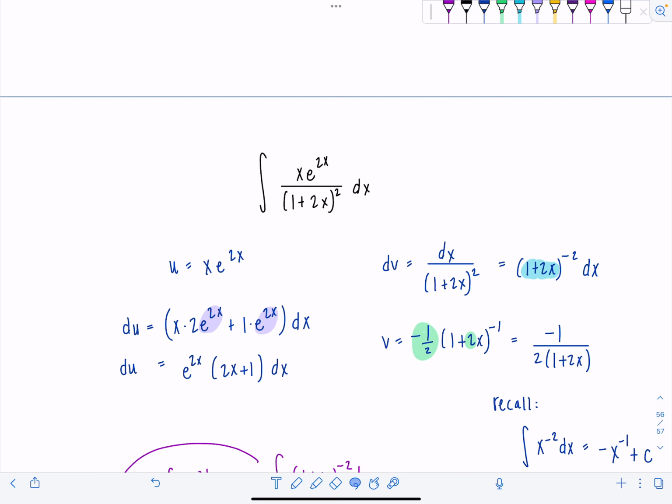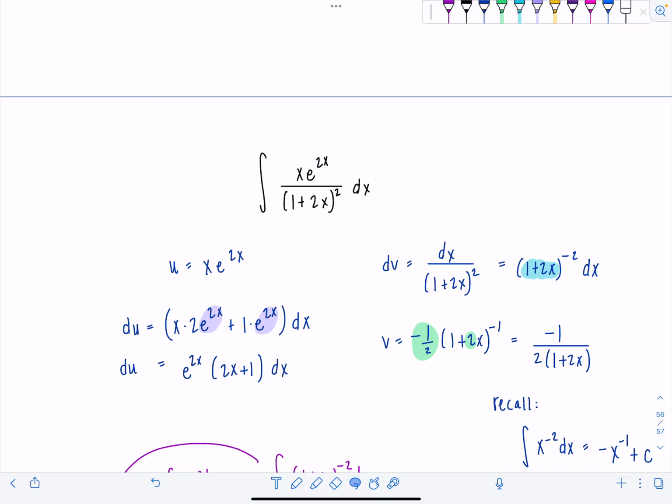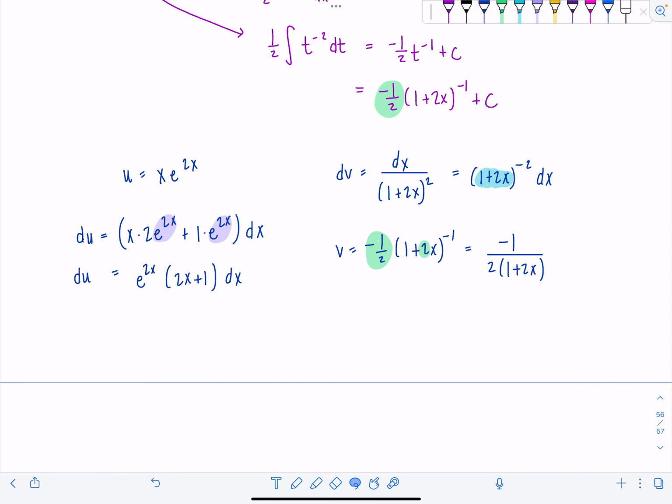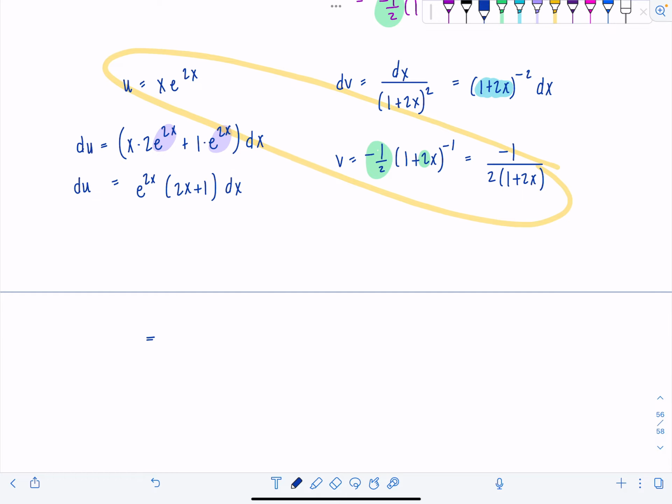I'm going to copy all this loveliness below so we can continue the integration process. Ready? On your mark, get set. Let's go. So we have u times v. All right, u times v, it's going to be ugly. It's okay, power through.